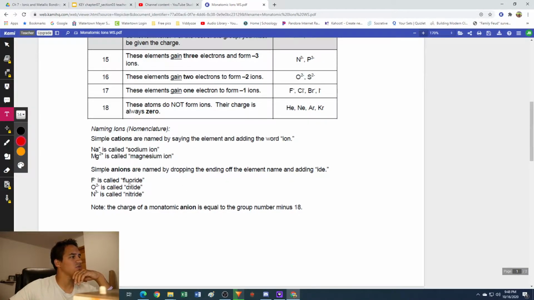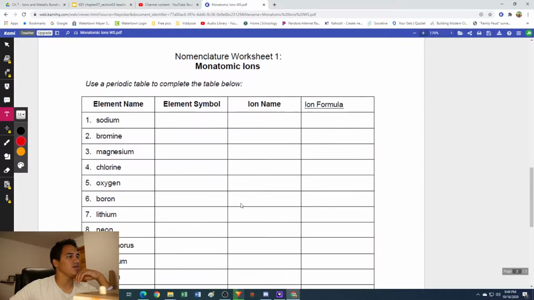So F is called fluoride, not fluorine. O is called oxide, not oxygen. And N with a charge of 3- is called nitride, not nitrogen. So this is something we're going to keep in mind because we are going to be using that on our practice here.